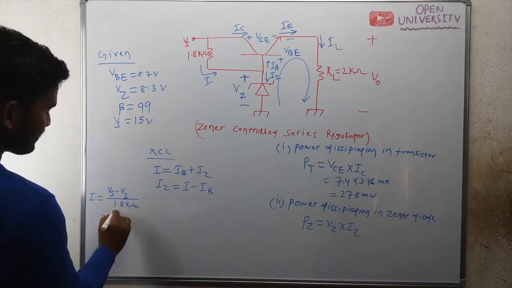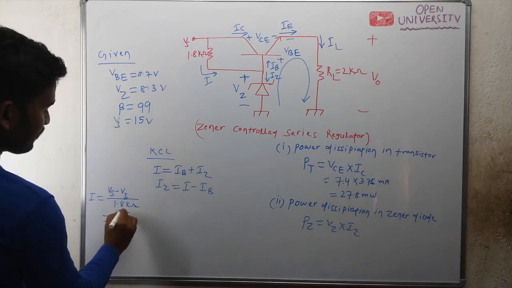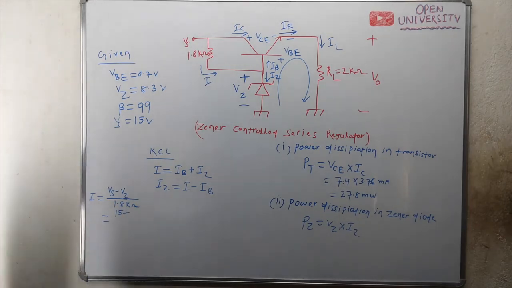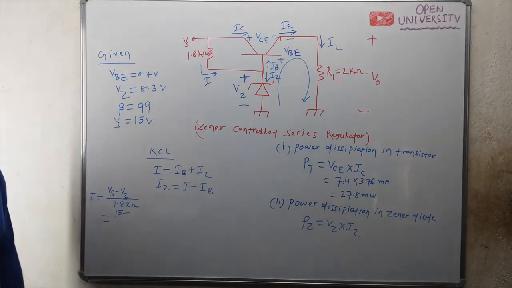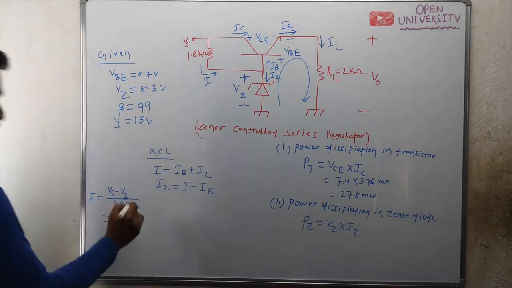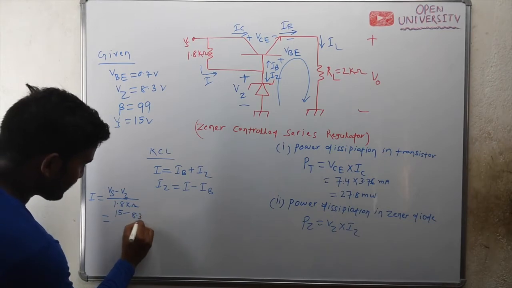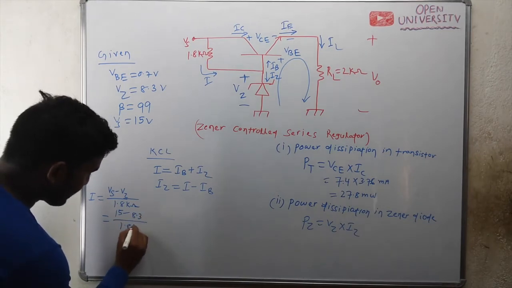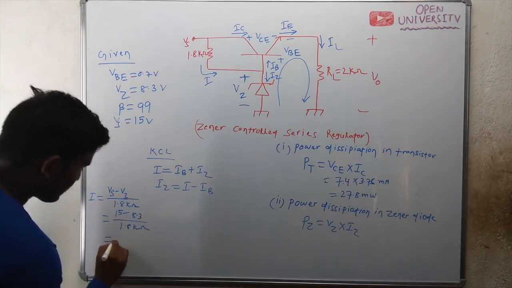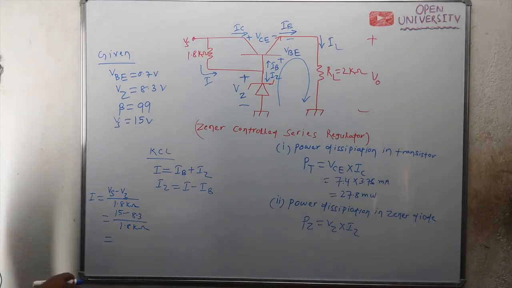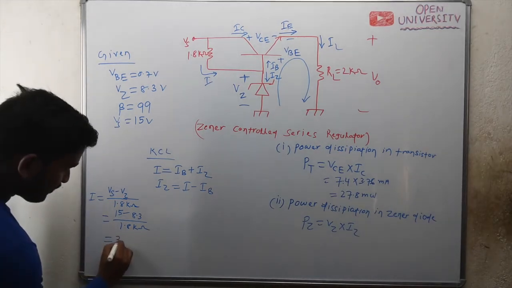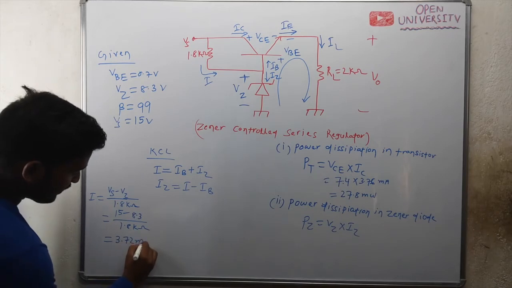Vs value is 15 volt, Vz value is given to be 8.3 volt. So 15 volt minus 8.3 volt divided by 1.8 kilo ohm. This will be your I value, equal to 3.72 milliampere.